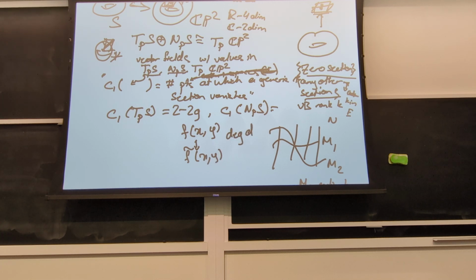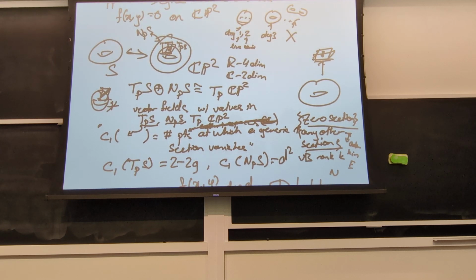So essentially what we're counting is the number of points of intersection of these two, so it's going to be d squared. Does that make sense? So you're deforming this torus inside CP2 a little bit, and you're counting the number of points of intersection of the torus with itself, and that's related to the degree of the polynomial that defines the torus.